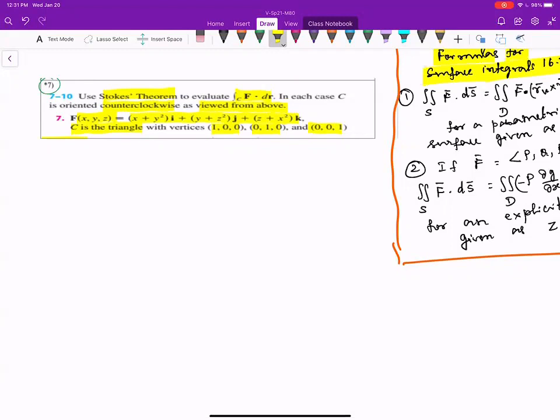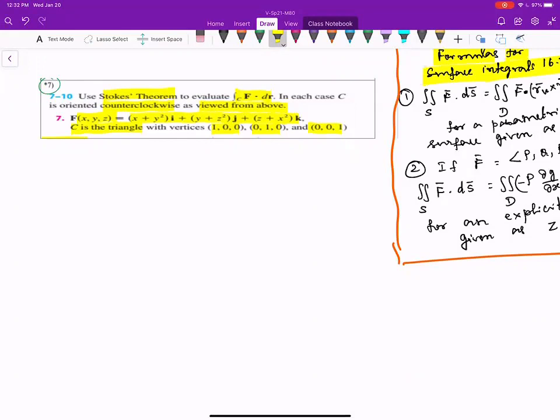Because the problem is telling us to use Stokes theorem to evaluate integral over C F dot dr, if you try to do the line integral part, it might be harder. So you have to use the positive orientation for this line from 1, 0, 0 to 0, 1, 0, and then 0, 1, 0 to 0, 0, 1, and 0, 0, 1 to 1, 0, 0.